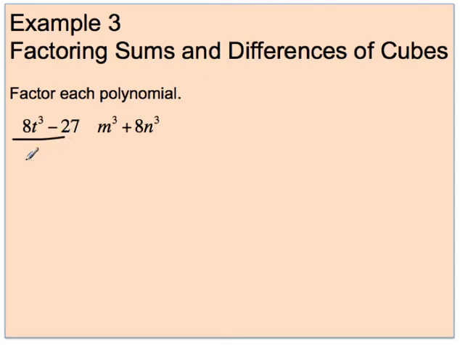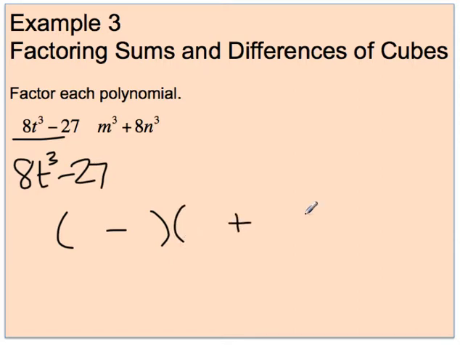In our first example, we have 8t to the third minus 27. Since this symbol between our cube terms is a negative sign, I know that I'm going to have a negative sign in the binomial, and I'm going to have a plus and a plus in the trinomial.